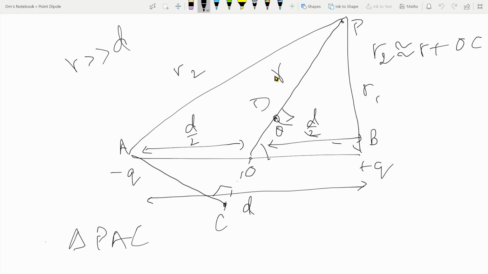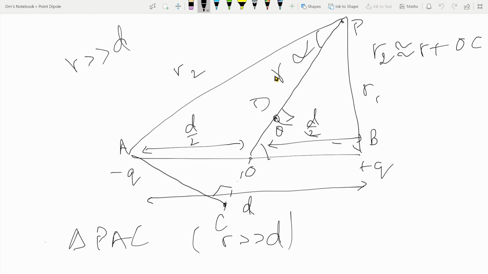But we've also assumed that r is much greater than d, and so we can consider sine of this angle to be approximately d by r. And since d by r is approximately 0, this angle that I've just drawn, let that angle be alpha, is approximately 0.